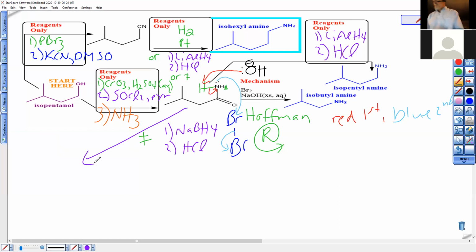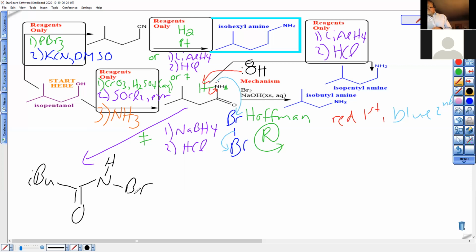And we have an isobutyl attached to a carbonyl with an N that has a bromine, still has an H. What was next? I think there was another acid base that took advantage of the inductive effect of the bromine here, generated an O minus all the way up to here, and then the rearrangement.